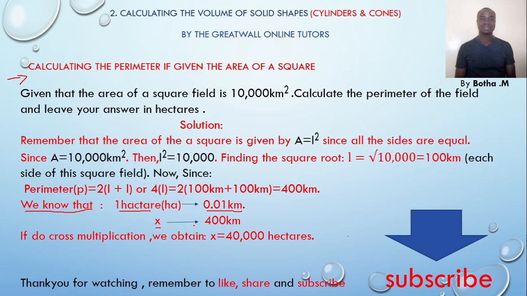So we can just cross multiply here. That is, we are dividing 400 kilometers by 0.01 kilometers, and that will give us 40,000 hectares. All right, so we have converted our answer from kilometers to hectares.